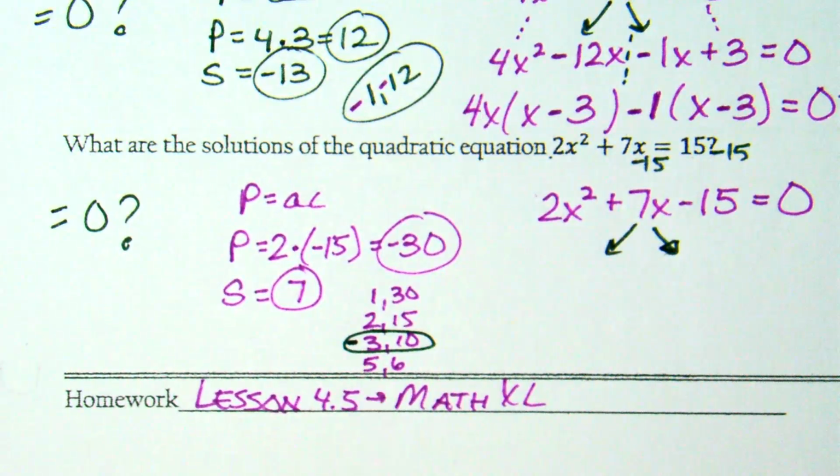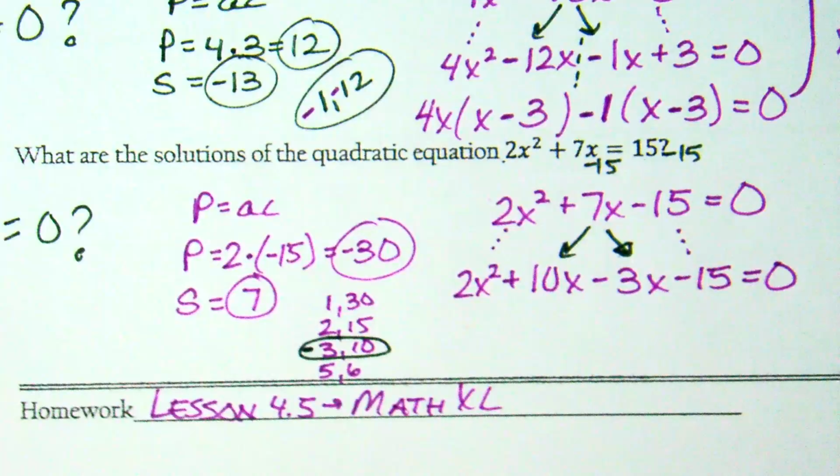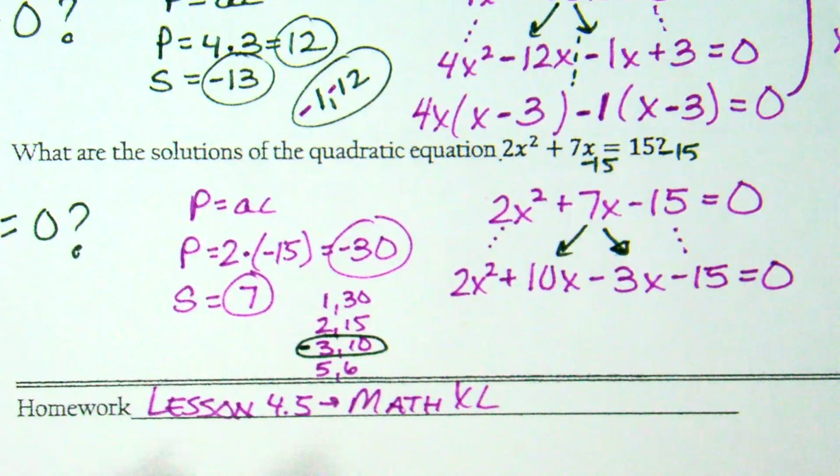So if we say 10x minus 3x, 2x squared still carries down. Plus 10x minus 3x minus 15 carries down. And it's still equal to 0. 4 terms. So I'm going to split it in half.